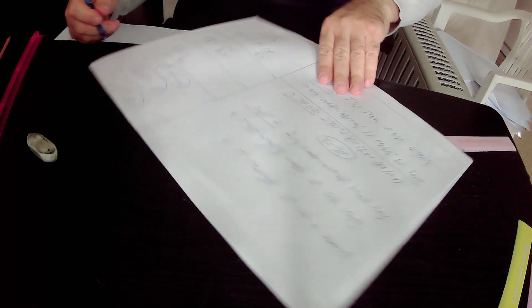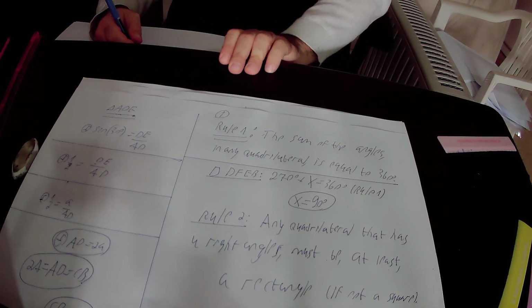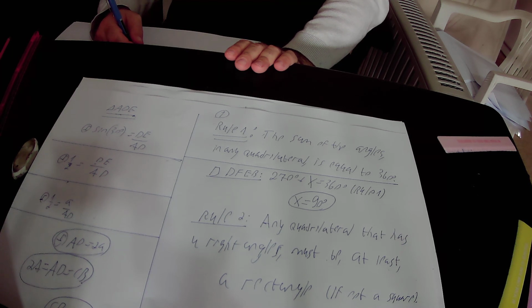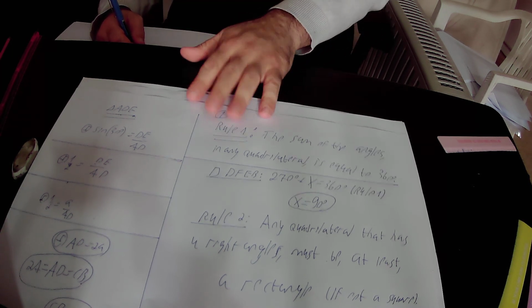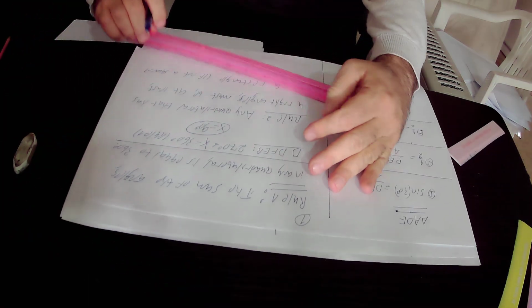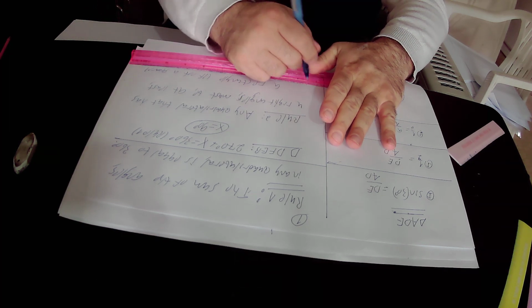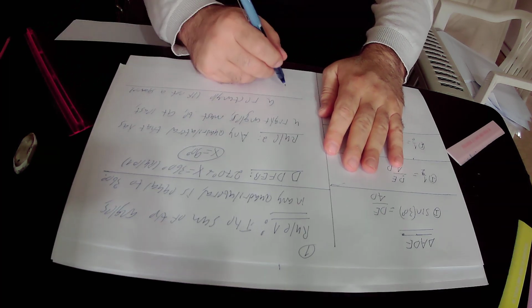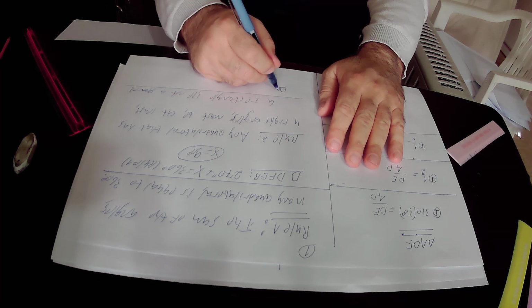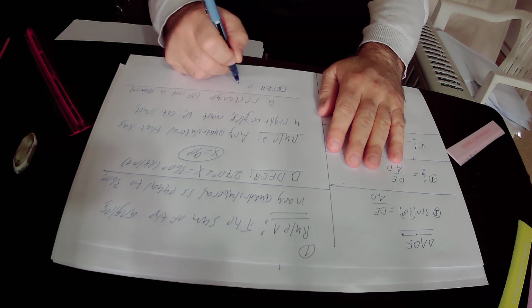I'll read rule number 2 again. According to rule number 2, any quadrilateral that has 4 right angles must be at least a rectangle, if not a square. Therefore, according to rule number 2, our quadrilateral DFEB is a rectangle.